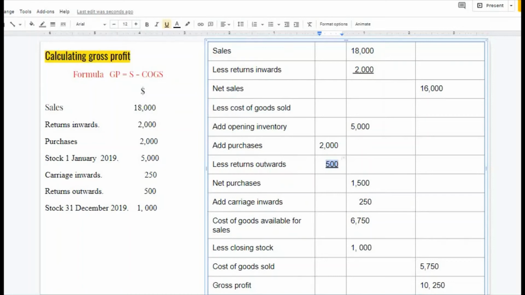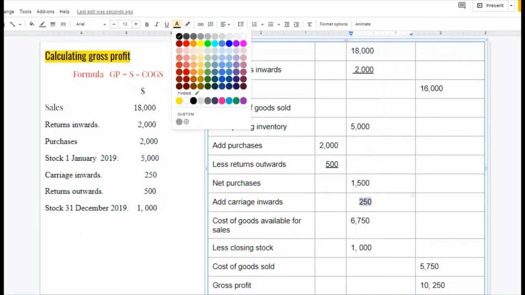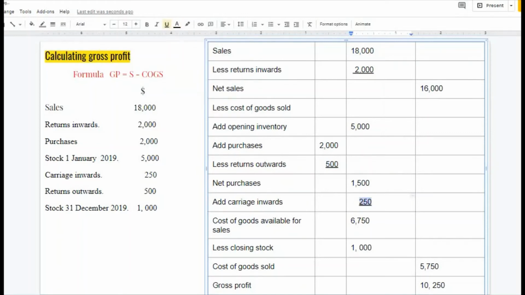We add all 3 figures coming down: the opening inventory, net purchases, carriage inwards, and we arrive at the cost of goods available, which is 6,750. From the cost of goods available, we take out our closing inventory and we arrive at the cost of goods sold. Then we take the cost of goods sold from the net sales and we get our gross profit.